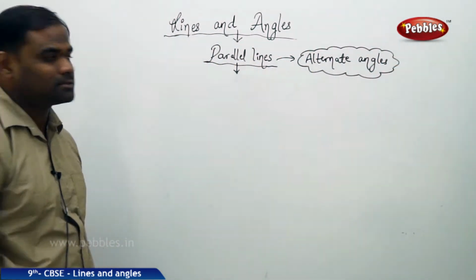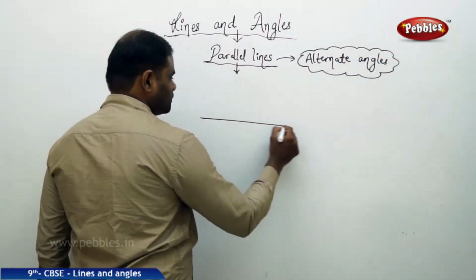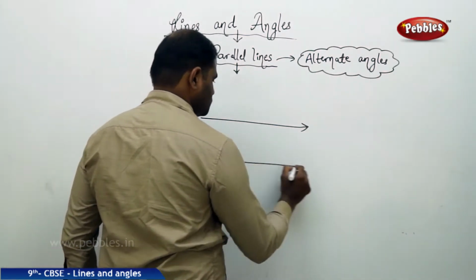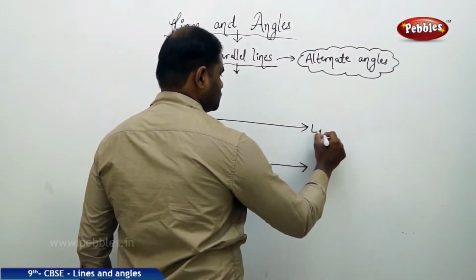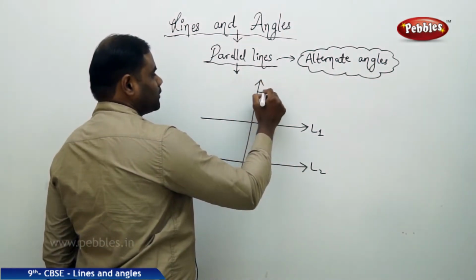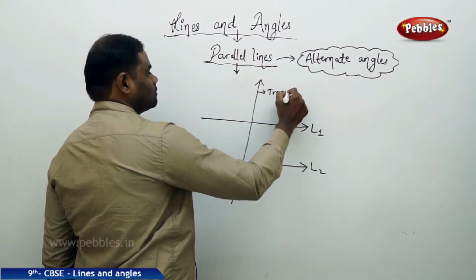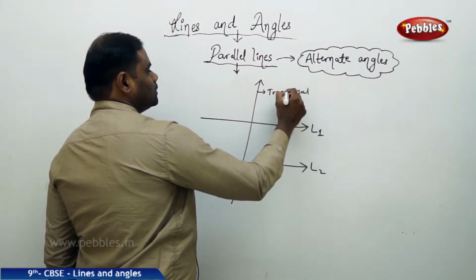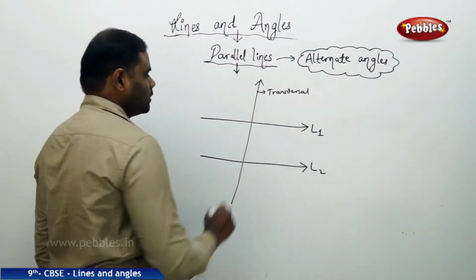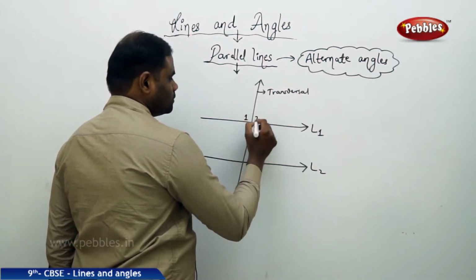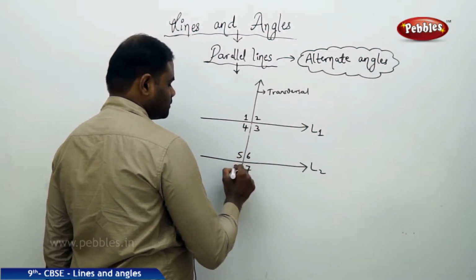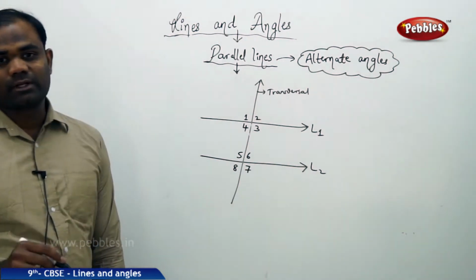Alternate angles. Imagine I have two parallel lines L1 and L2 divided by a transversal. Then we know that there are 8 angles formed with L1 and L2: 1, 2, 3, 4, 5, 6, 7 and 8.